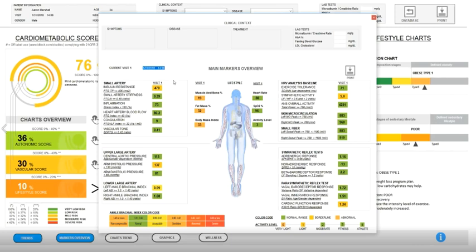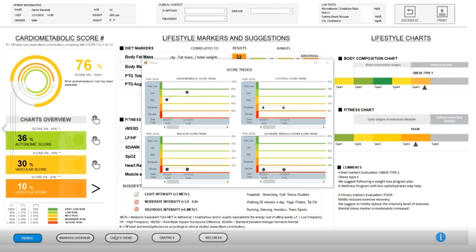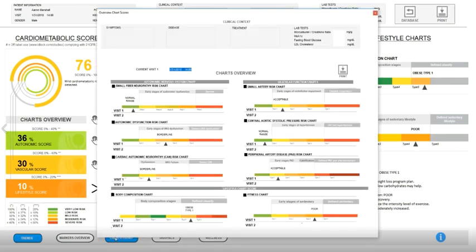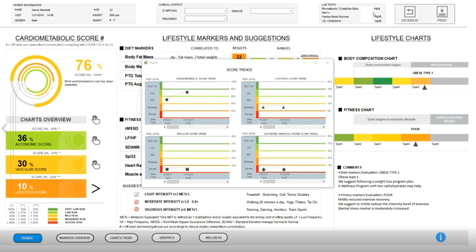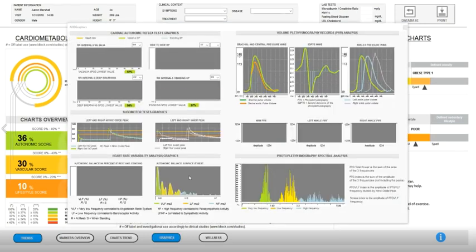So you can input a visit from a different date, and you can do a comparison. Okay, so this is a quick snapshot. The trends for the charts, okay, and the different graphics that we provide.